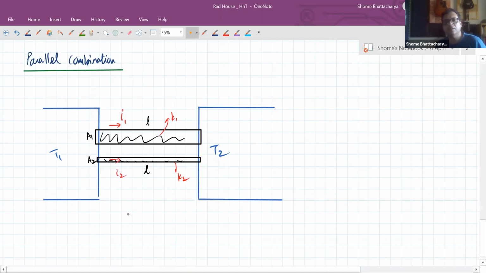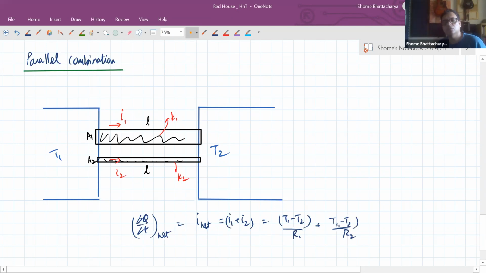The net heat current, delta Q by delta T net, will be I1 plus I2. So this becomes T1 minus T2 by R1 plus T1 minus T2 by R2, which is T1 minus T2 by the equivalent resistance. This becomes our delta Q by delta T net.